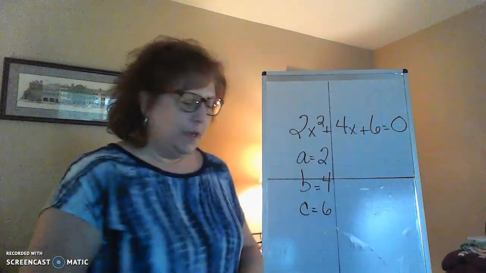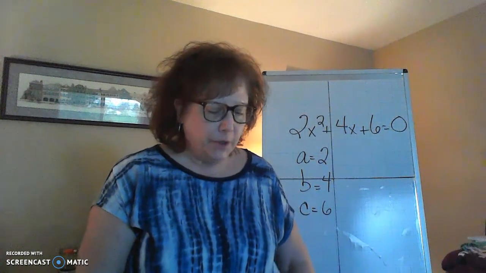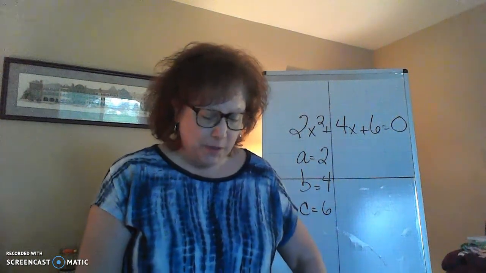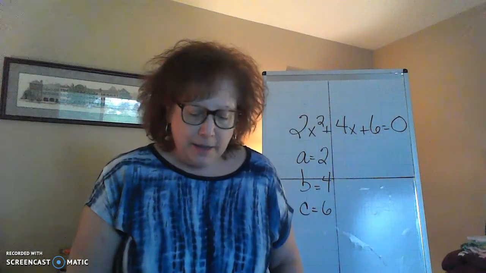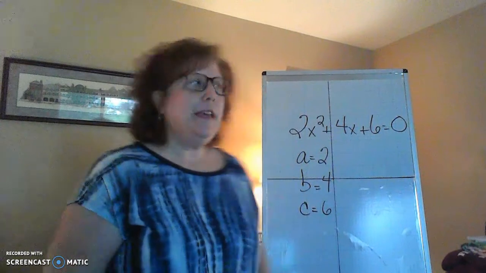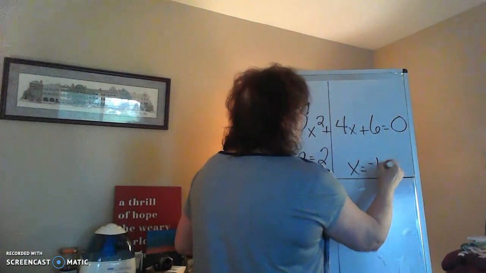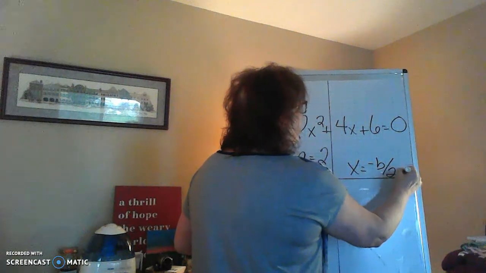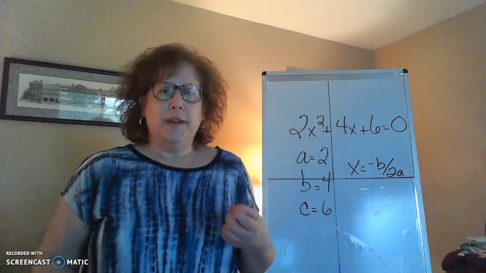Now, if you will just go back a little further to 9.4, you will see on page 521, x equals negative b over 2a. And that helps us to find the vertex.